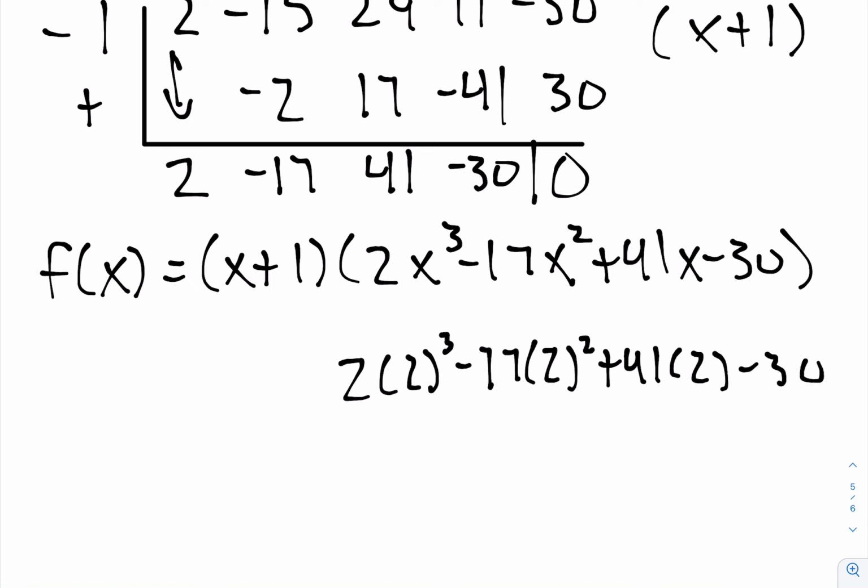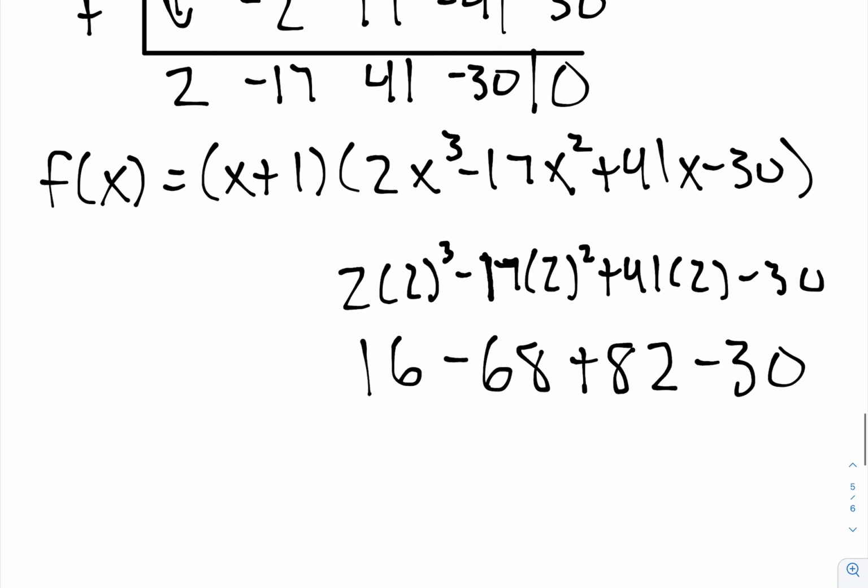Well, 2 times 2 cubed is 2 times 8, which is 16, minus 17 times 4, which is 68, so minus 68. Plus 41 times 2, so plus 82, minus 30.